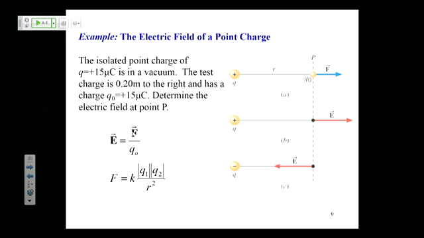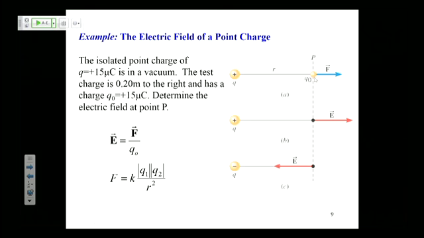In order to understand how to solve problems of electric field, I selected this nice example. We have an isolated charge of 15 microcoulomb in vacuum, and we need to find the field at point P, at this point here, at the mouse cursor.